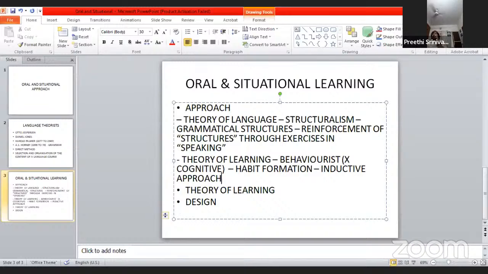So that is where you see here again, it is so much reliant on the direct method, right? Because they have to induce. So in the classroom, especially when teaching vocabulary, they will not give the Tamil or Malayalam or Hindi equivalent to the child.